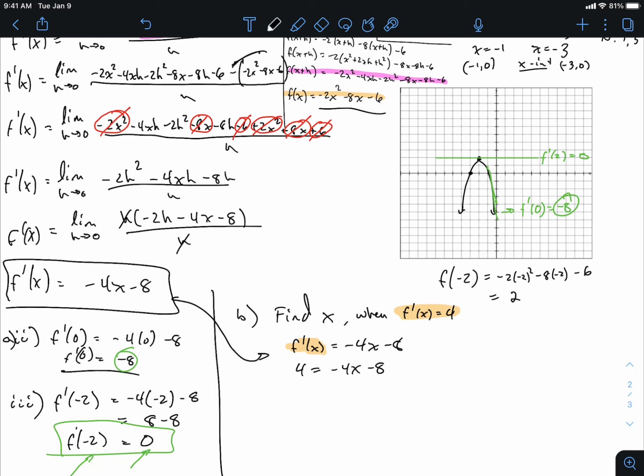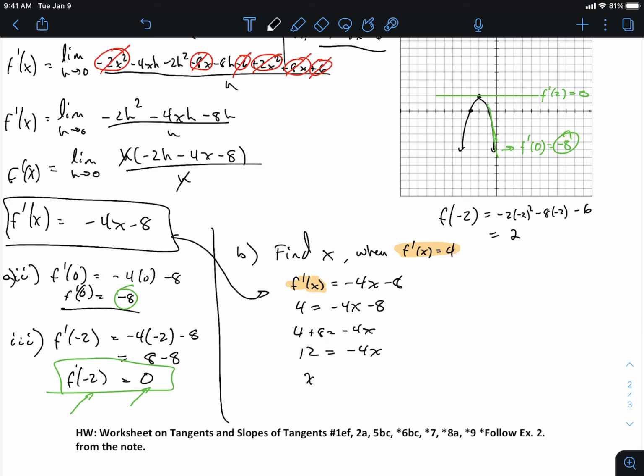We're trying to find the point where the slope is 4. So 4 plus 8 is equal to -4x, so we get 12 is equal to -4x. So x is equal to -3. Now, we know that when x equals -3, the slope is 4.